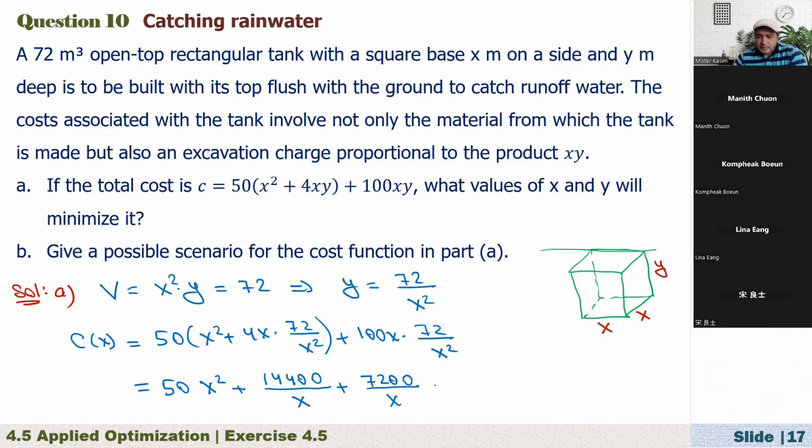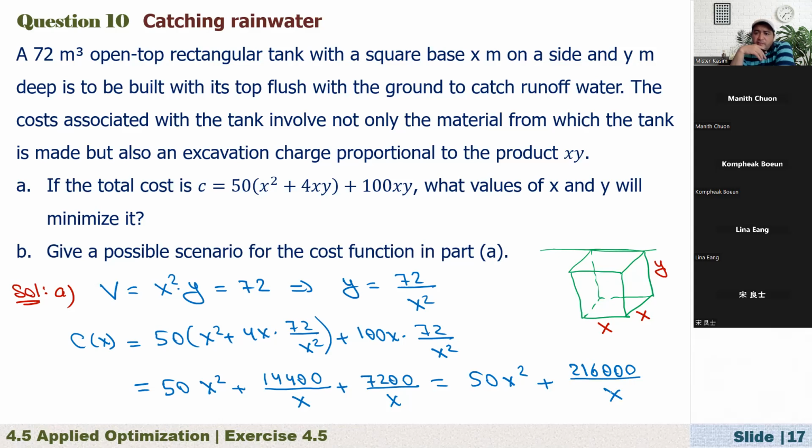Let me just combine this. That's equal to 50x squared plus 21,600 over x. So that is our cost function.